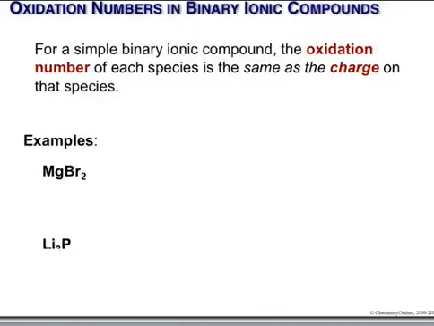So, we're simply going to look at the charge on the cation. The oxidation number we can do for both the cation and the anion. The charge on magnesium is going to be +2, isn't it?